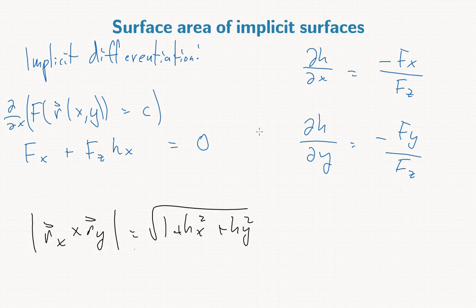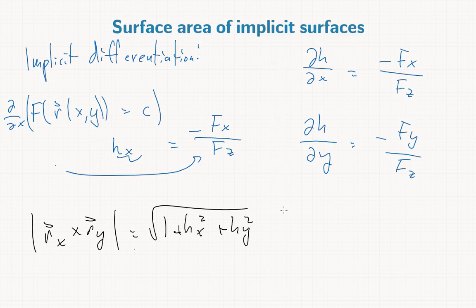And then we rearrange to get that hx is negative fx, and then we divide by fz. Okay, so that's how you derive these formulas.